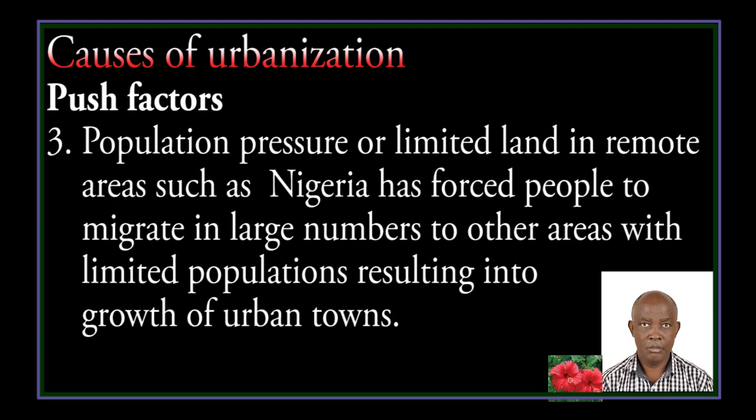Population pressures or limited land in some areas, such as in Nigeria, have forced people to migrate in large numbers to other areas with limited populations, resulting in growth of urban towns.